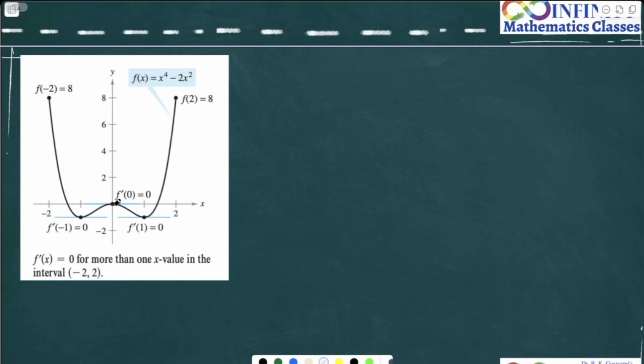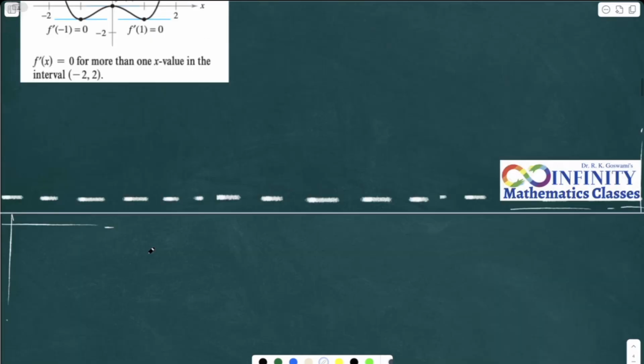In maxima minima, whenever the function is differentiable, the critical points, or stationary points, are where the tangent is parallel to the x-axis. Those are the points where the function may have a maxima or minima in case of a differentiable function. So we are just following the same rule, nothing else. Any doubt? Perfectly okay.